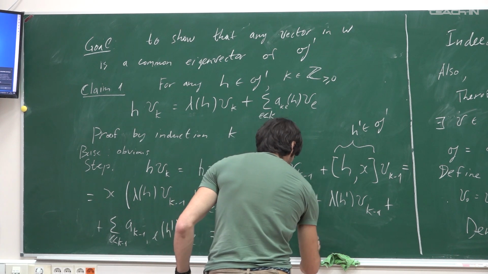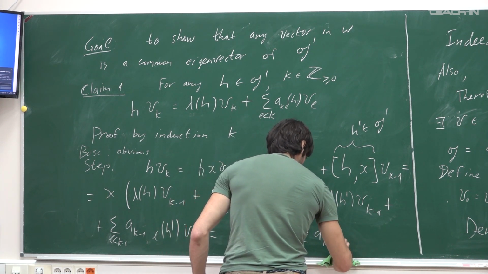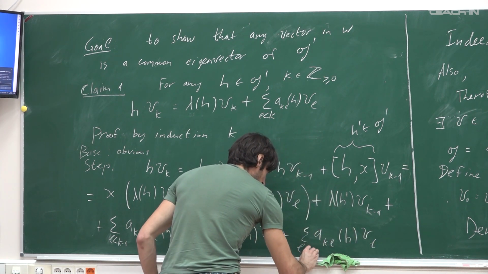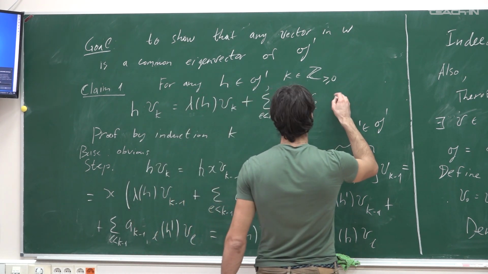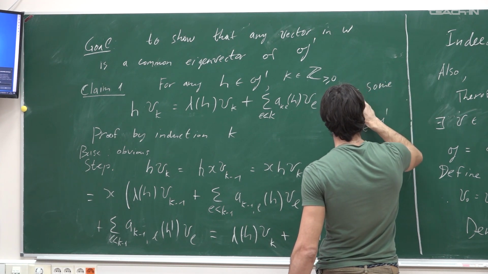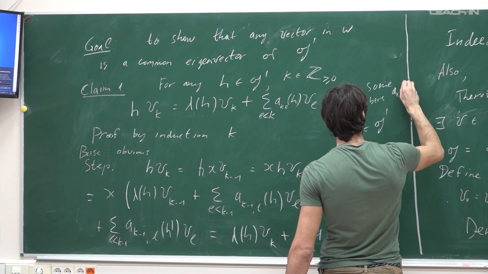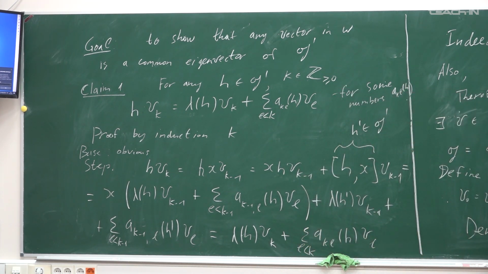So it's the sum over a_{k,l}, which depends on h, v_l, as l less than k. Okay, so this is for some numbers a_{k,l} of h, and here also some numbers a_{k,l} of h. So we proved claim 1.